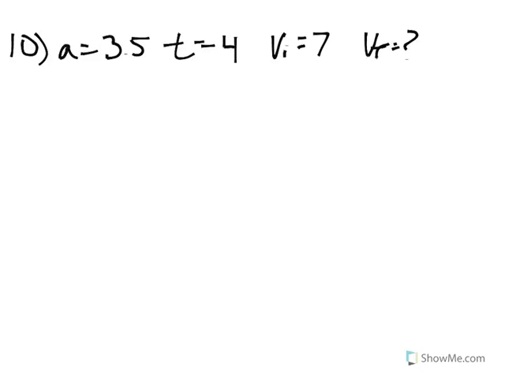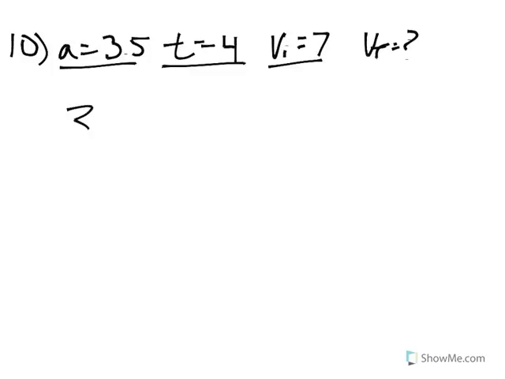Alright, number 10. If a car can accelerate at 3.5 meters per second squared, what will its final velocity be after 4 seconds if it starts off with an initial velocity of 7 meters per second? So we have an initial velocity, we have the acceleration, we have the time, we're looking for final velocity. We're going to do just like we did in number 8.